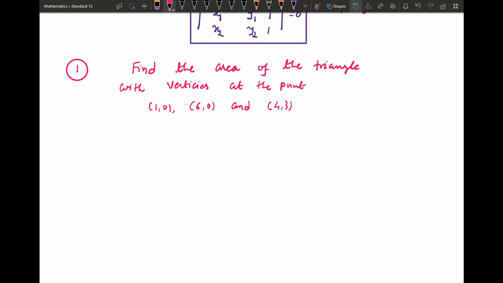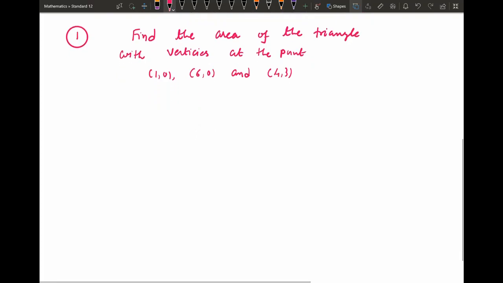Similarly, here first we solve this problem. Similarly, you can find area of different triangles with different vertices. So solution.